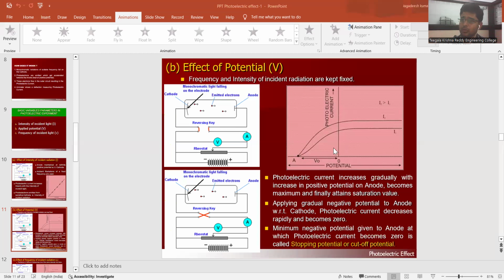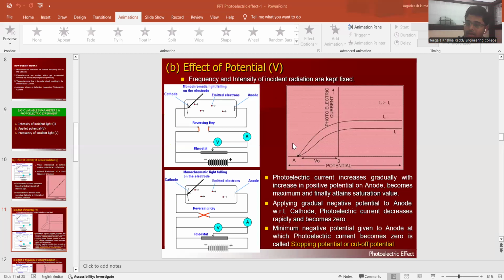Then we apply a negative potential to the plate. As we increase the negative potential of plate B, the photoelectric current decreases gradually. Finally the current is zero at a particular potential.